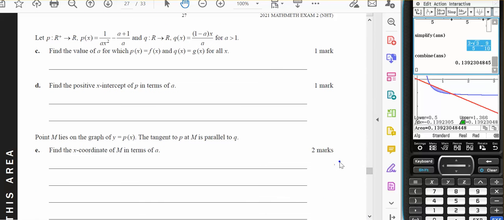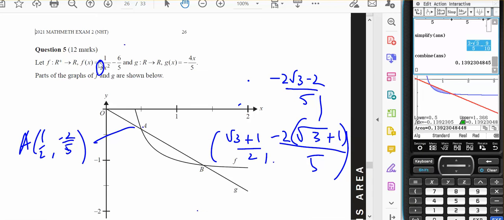Part C, we now move into A territory. And I've got to find the value of A for which this equals this, and given A is times mb(x squared), I believe that A equals 5.